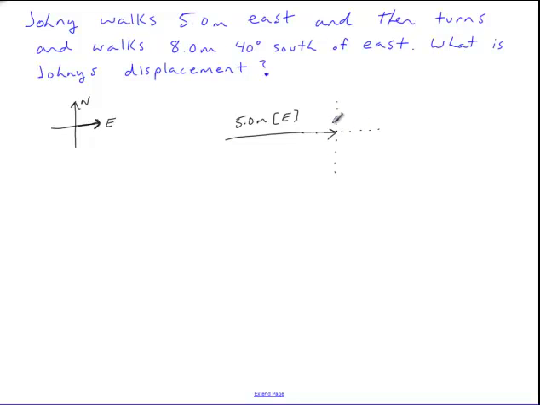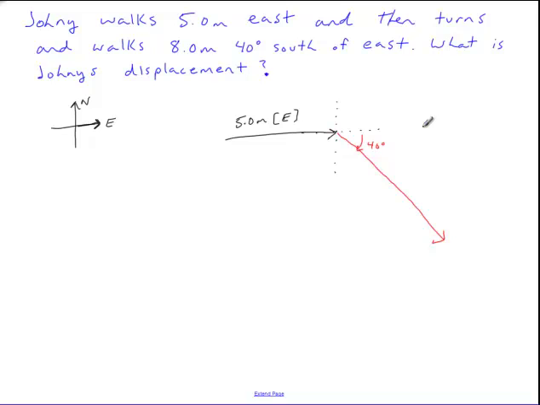I've just drawn this cross the same as this one. So we're going to go 40 degrees south of east. We want to go down from east. So 40 degrees south of east means it's going to look something like this.